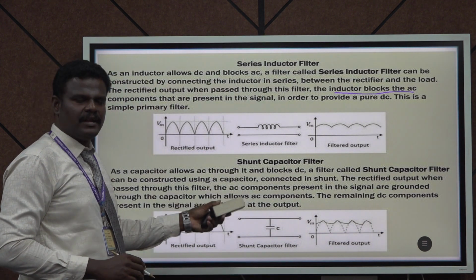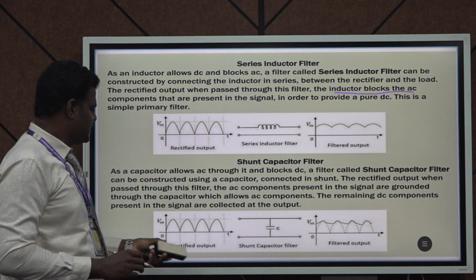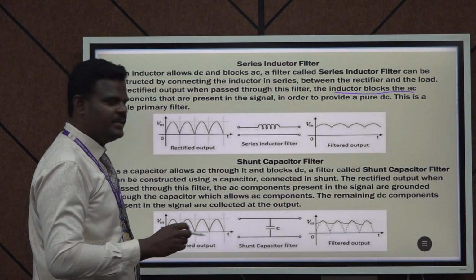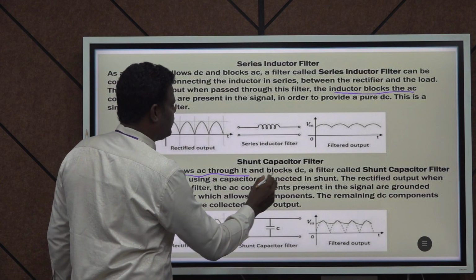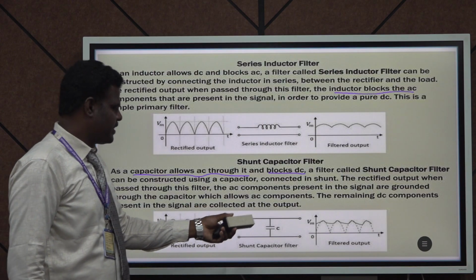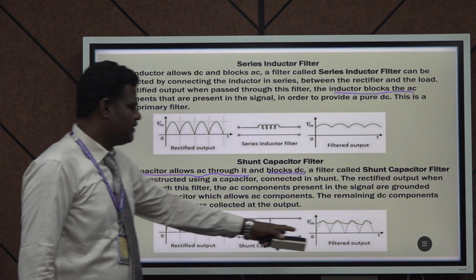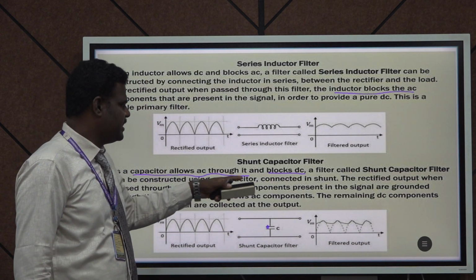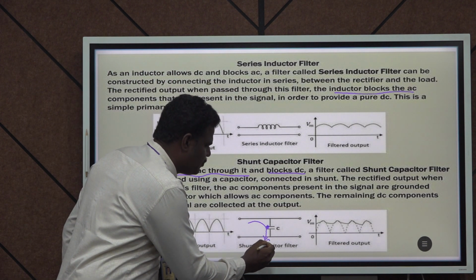Then we already discussed the shunt capacitor filter. The rectified output is passed through this filter, the shunt capacitor. We discussed that a capacitor allows AC through it and blocks DC. So, if you connect a capacitor in parallel to the rectified output, we get a filtered output like this, because the capacitor allows AC through it. So, it passes the AC content to the ground terminal.